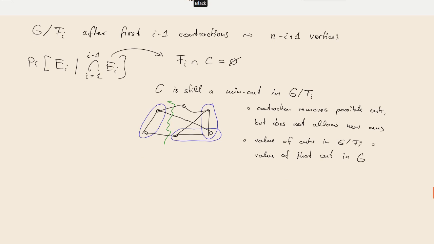And since the value of C hasn't changed, we haven't modified C, the cost of C is still K. We have fewer vertices in the graph, so we can again lower bound the number of edges in G after we have contracted these edges.